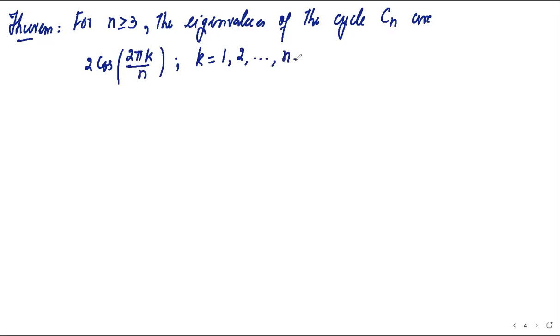And where Cn is a graph on n vertices, where Cn is a cycle on n vertices.